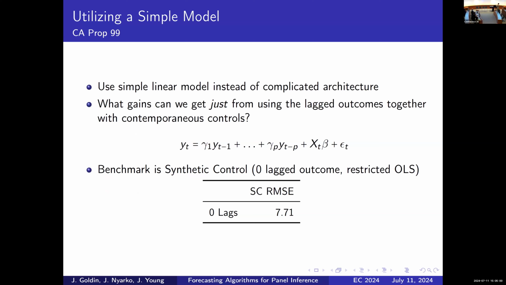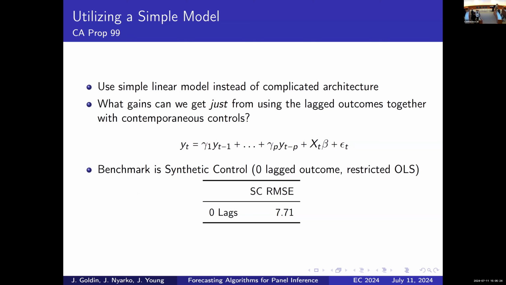So instead of complicated architecture, what can we get just from the lagged outcomes with the contemporaneous controls? You can write it sort of in this way, right, where your outcome is equal to your lagged outcomes plus the contemporaneous controls. And I think a natural benchmark here is synthetic controls, which is kind of like 0 lagged outcomes and some sort of restricted OLS.